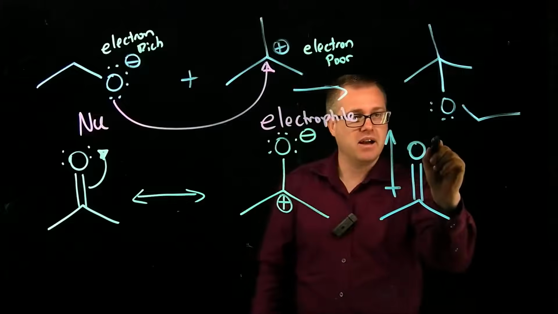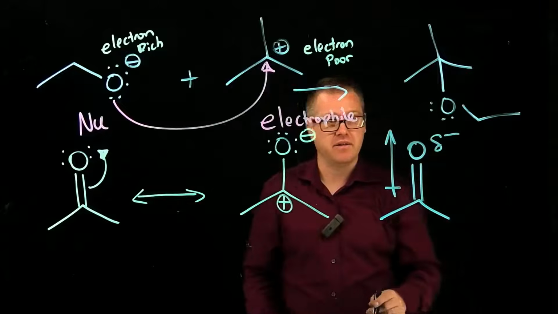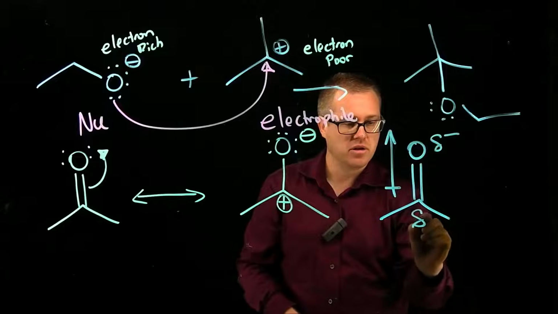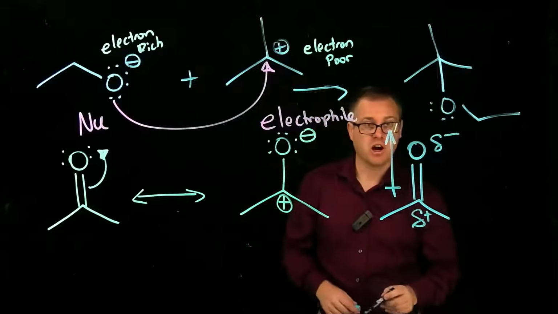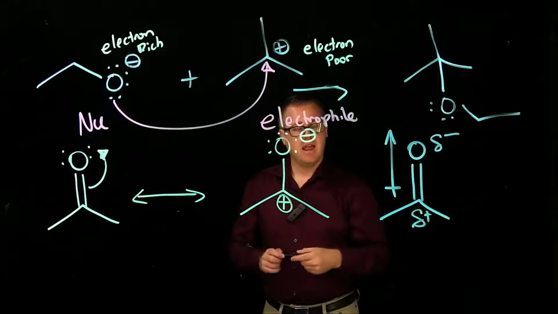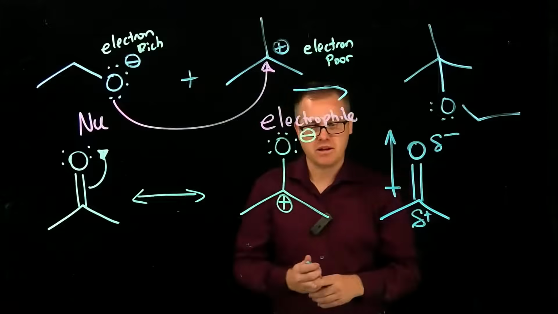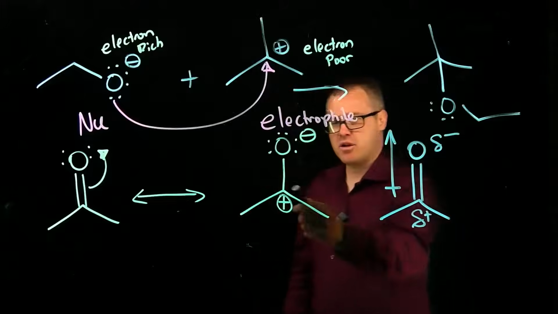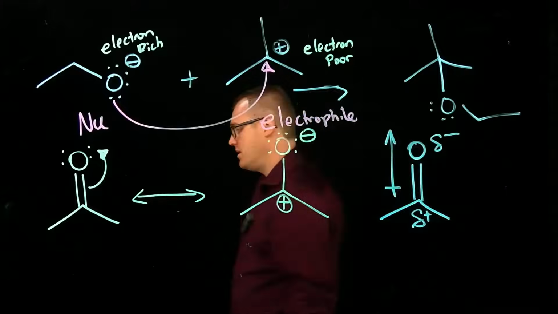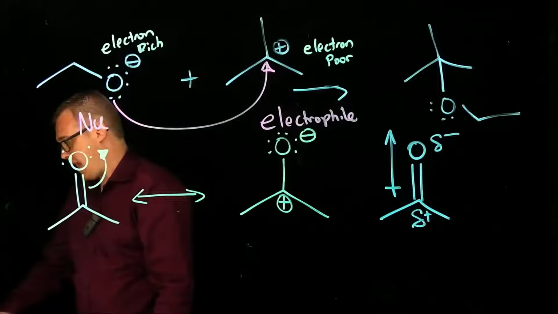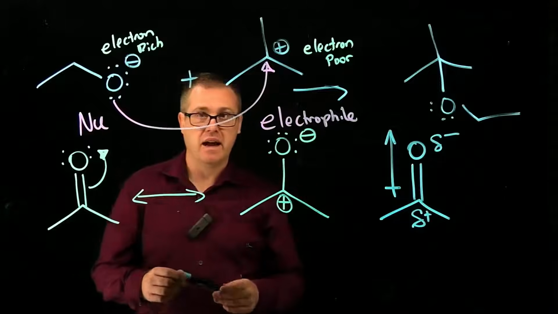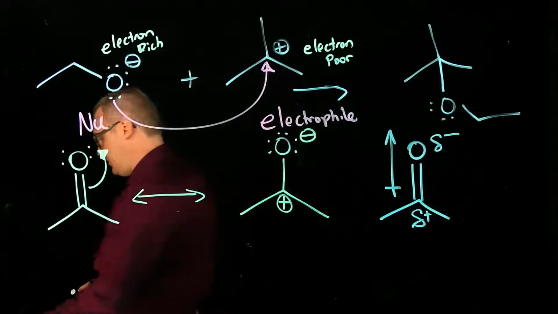And so what that does is put a partial negative on the oxygen and a partial positive on the carbonyl carbon. And so when we analyze our ketones and aldehydes, we can see electron poor areas on our molecule. And this is going to affect aldehydes and ketones reactivity.